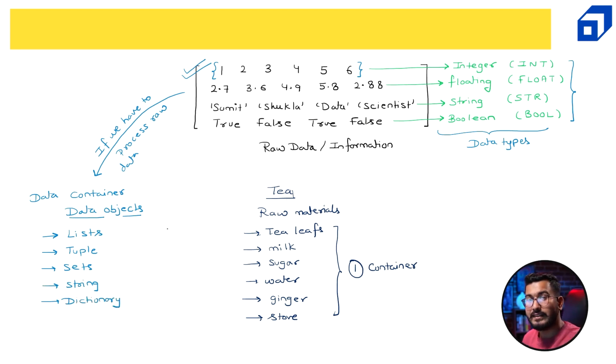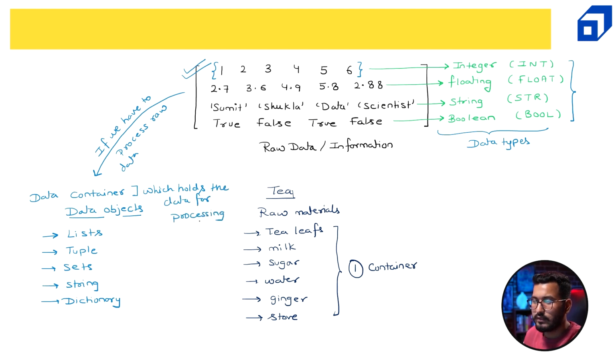Now these are my data objects that we have in Python. A data object is nothing but a data container which holds the data for processing.